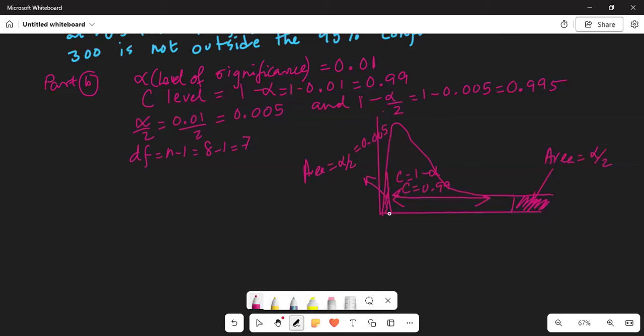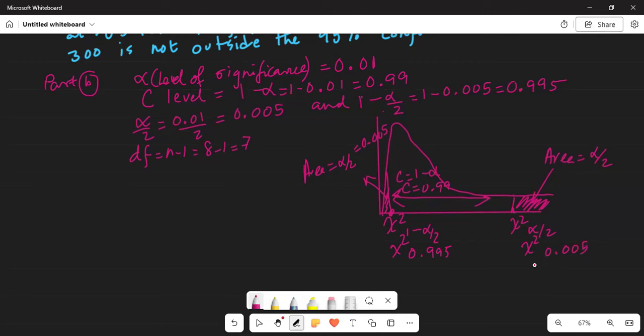The chi-square critical value is chi-square 1 minus alpha by 2, because the area to the right of it is the total area 1 from which you are subtracting alpha by 2, and this one is just chi-square alpha by 2. So this is chi-square 0.995, and this is chi-square 0.005.